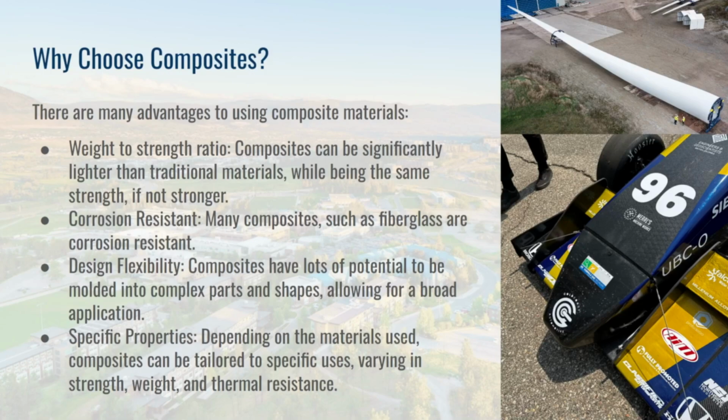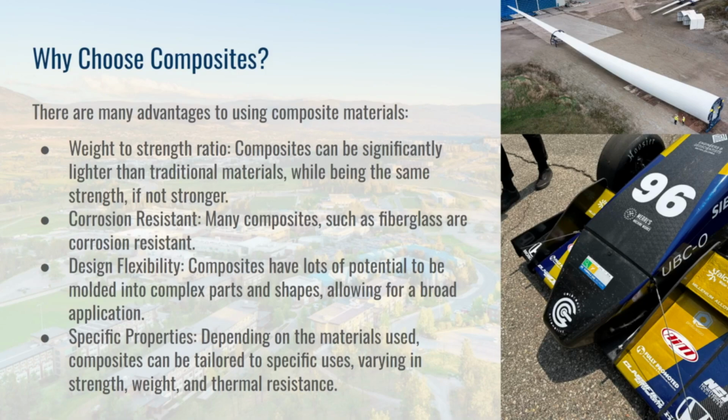There's a ton of design flexibility. With composites, since it's a really broad range of materials, you can have fabrics like we use in the car. You can do particle stuff or forged carbon, which allows you to get a lot more complex shapes. And then you can really tailor the properties of the composite material itself.